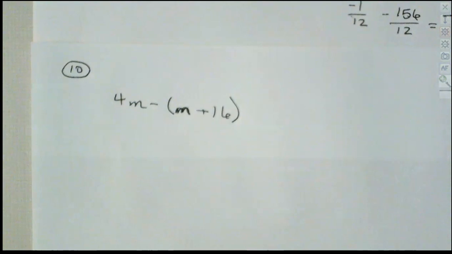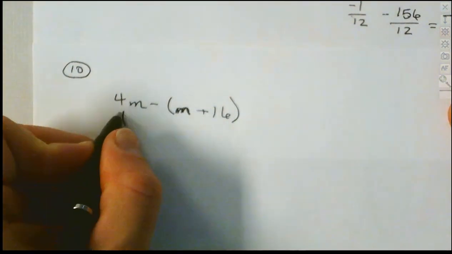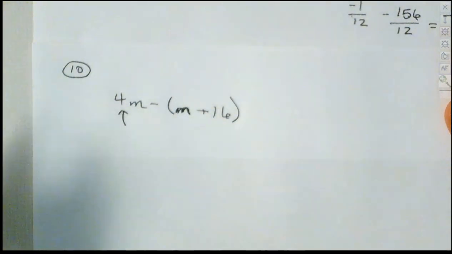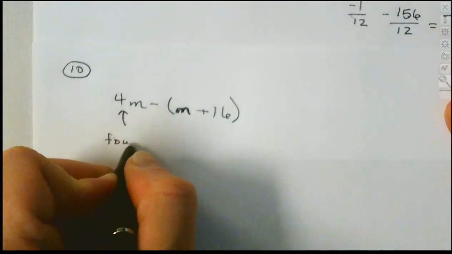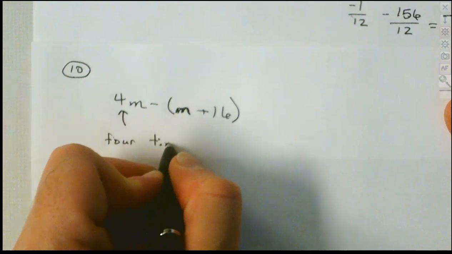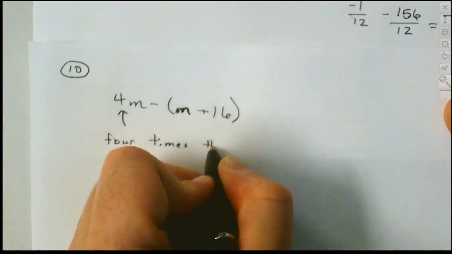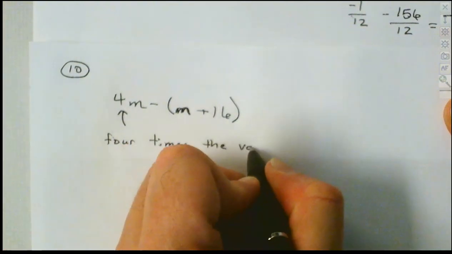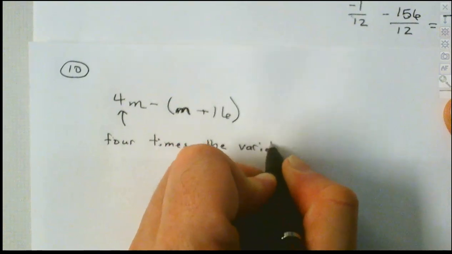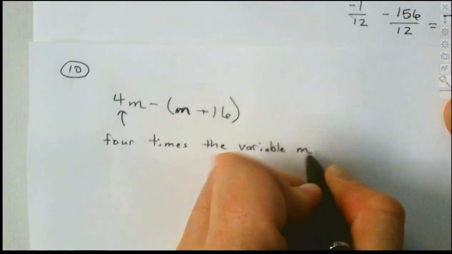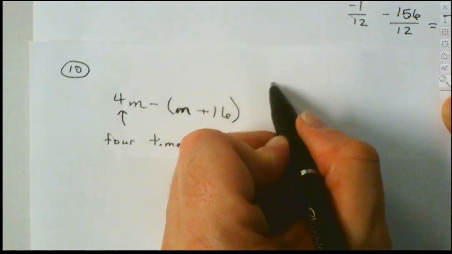So how would we write this in terms of words? Well, on the first piece, this would be 4 times the variable m, right? So that's that piece.